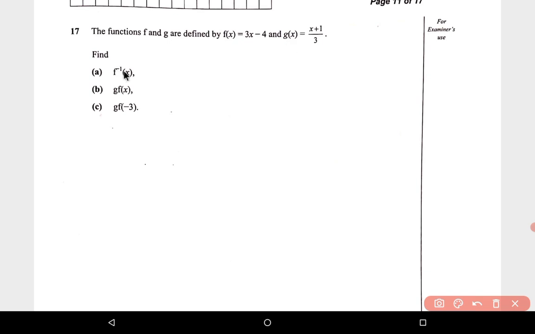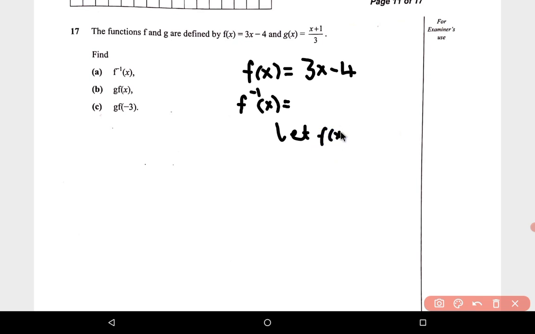So find the inverse. To find this one, we are going to say let f of x be equal to y. So y is equal to 3x minus 4.